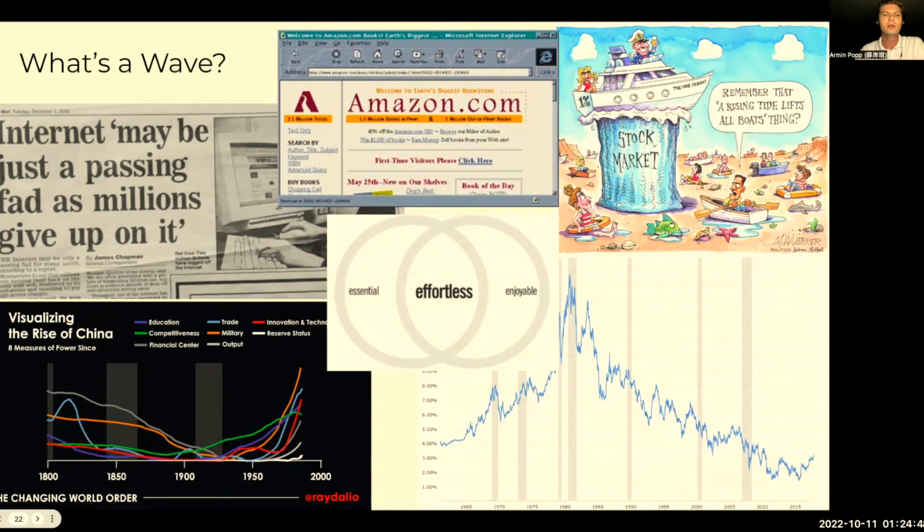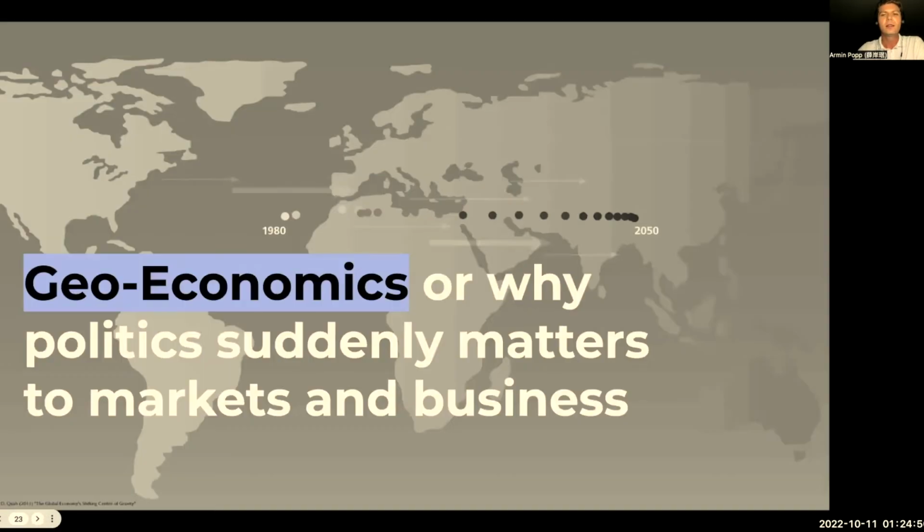So what are two interesting trends that you should be looking at, that we selected for you, that we think are quite big, and that not everyone is looking at or talking about? Number one is geoeconomics, or why you as an economics student or a trader suddenly have to understand how politics works. Okay.